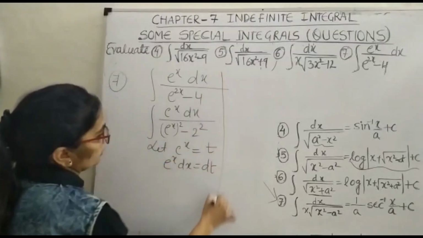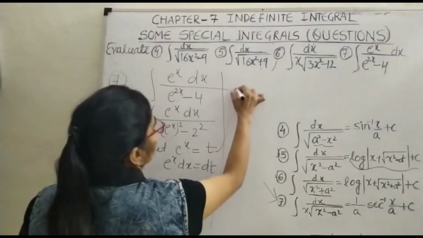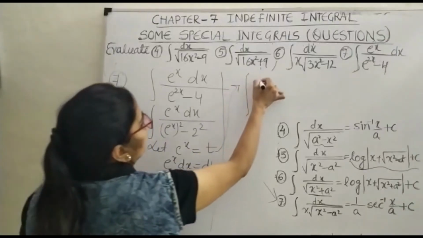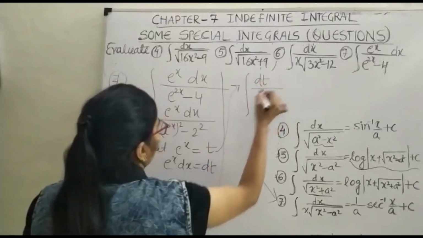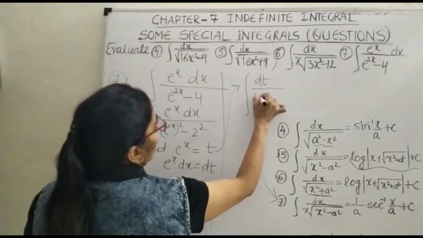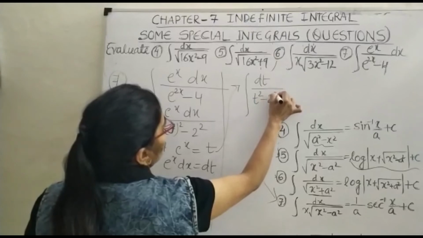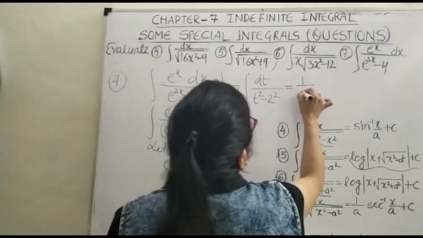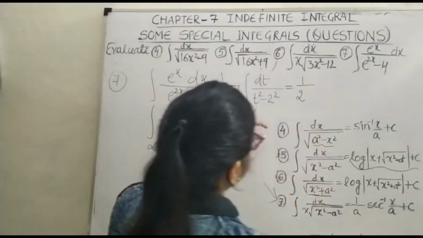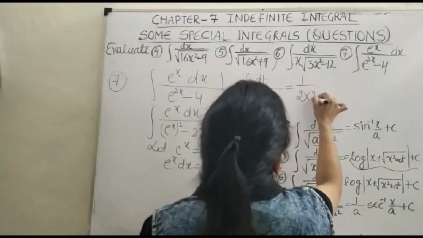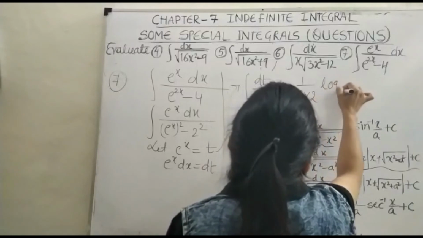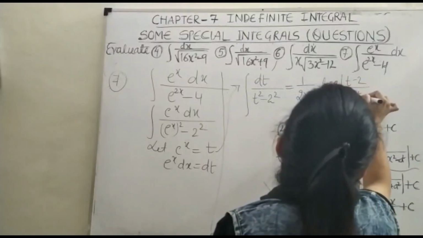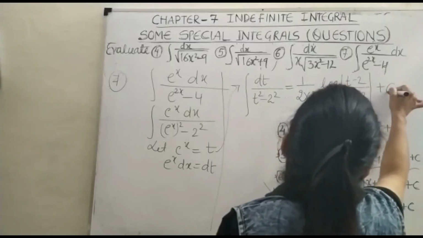Your given integral takes the form, by this substitution, dx, ये आपका dt हो गया upon t square minus 2 square. Now this is of the form 1/2a, a की वैल्यू क्या है 2, log t minus 2 upon t plus 2 plus c.